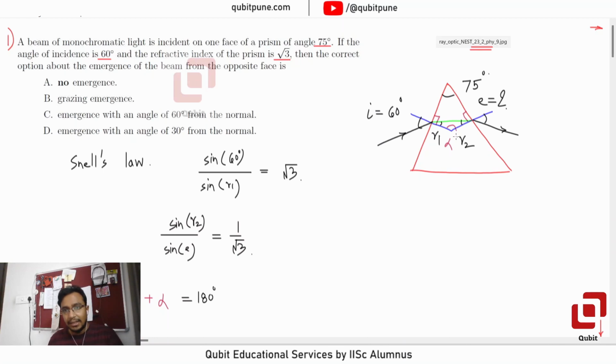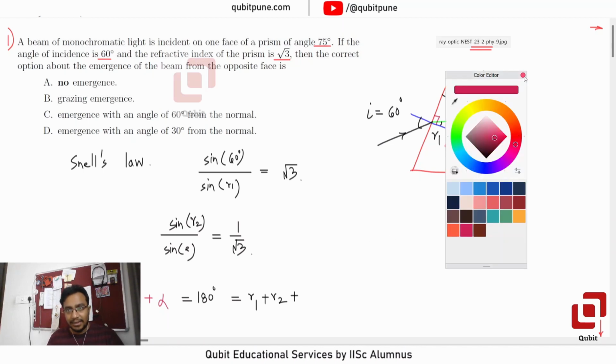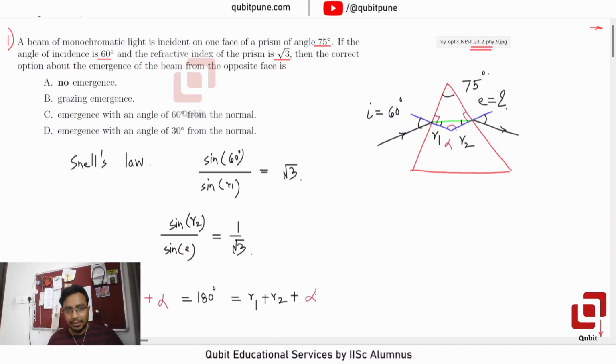But in the triangle formed by the two normals and the ray inside the prism, the sum of the angles R1 plus R2 plus alpha will also be 180 degrees. Now, if that relation holds, then we can say that R1 plus R2 is equal to 75 degrees.